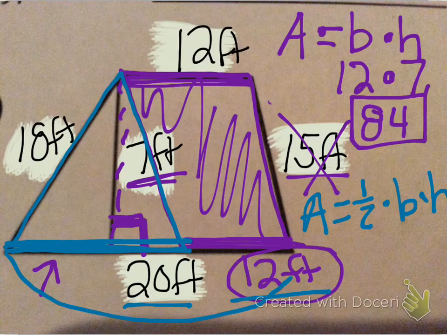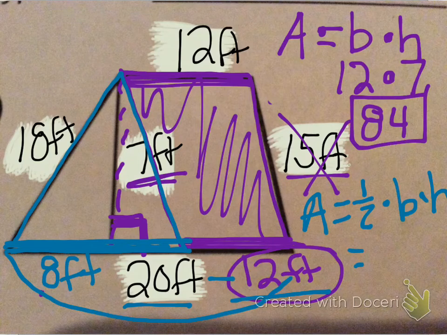So to find that length, all we need to do is take away the length of the parallelogram over here. So we need to subtract. 20 minus 12 is 8, so I know that my base is 8 feet long.